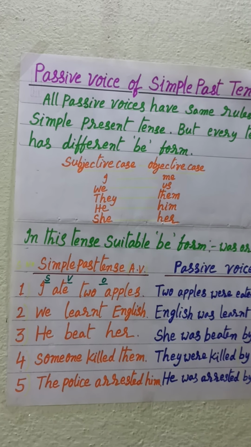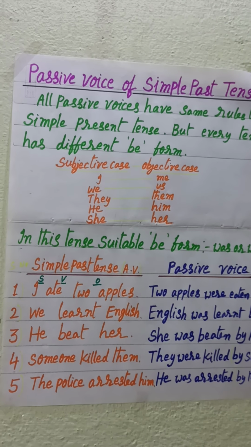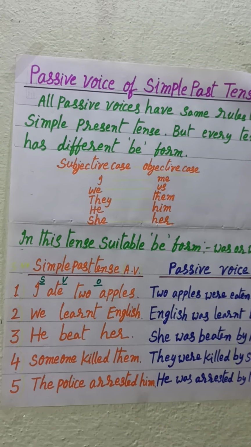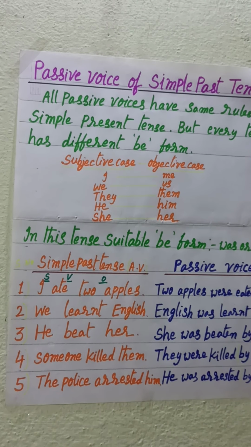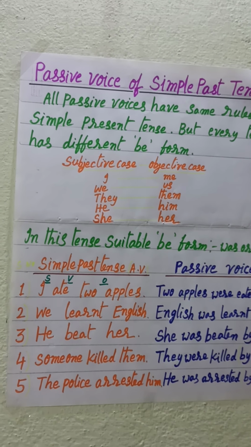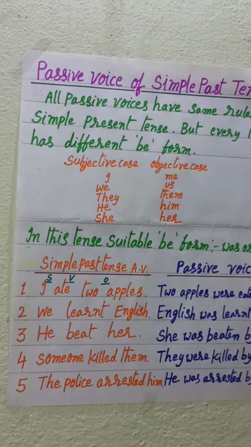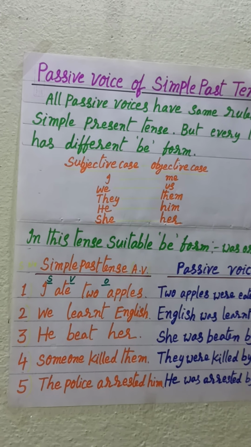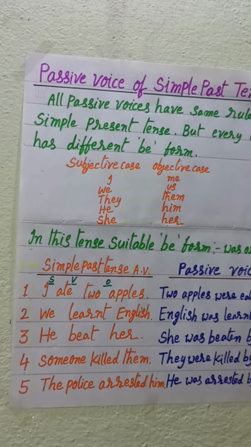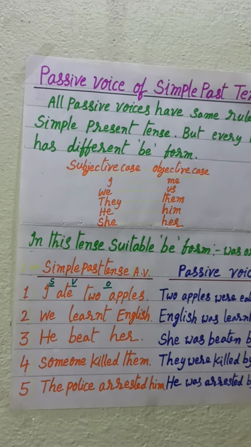I ate 2 apples. Here I is subject, ate is verb, that is V2 or past. 2 apples is object.